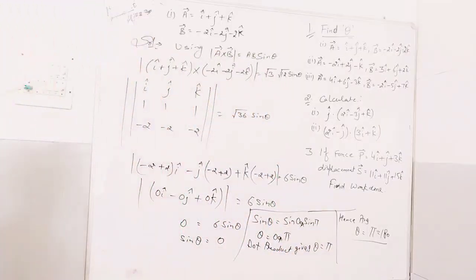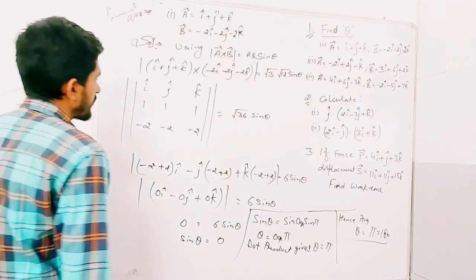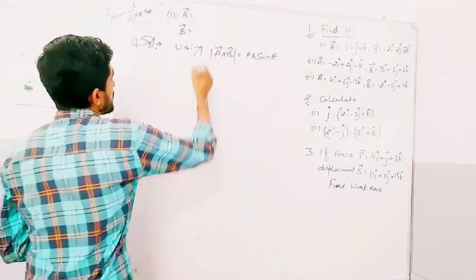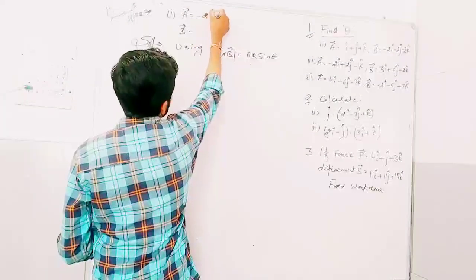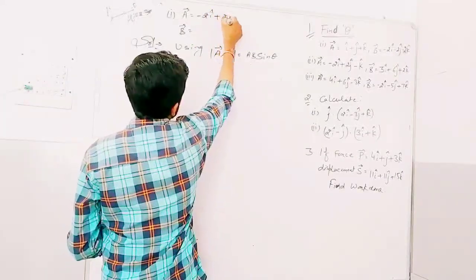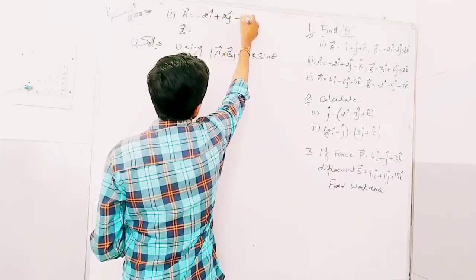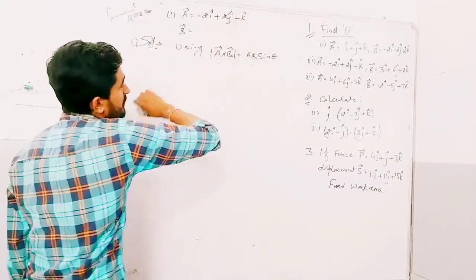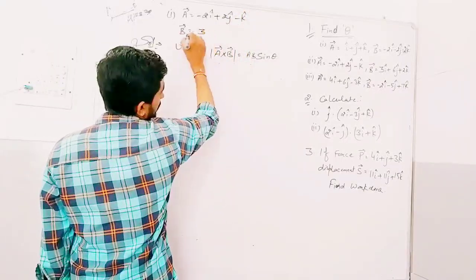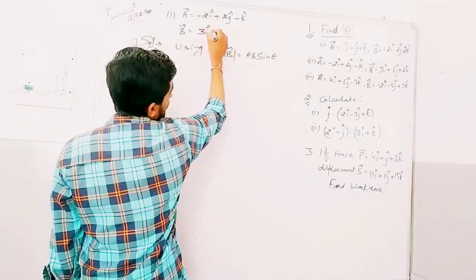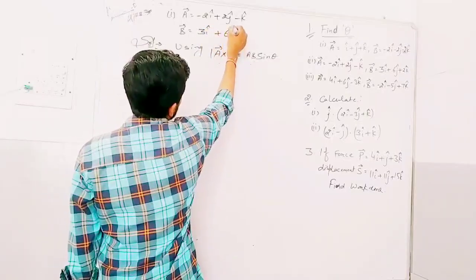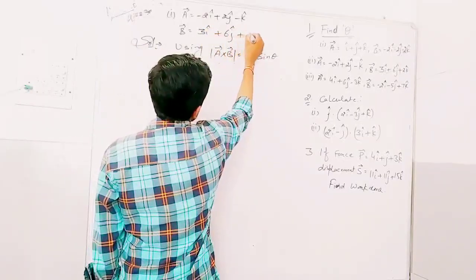If you want to note it down, note it faster. We have to move to the second part. I am erasing it. A vector is -2 i cap plus 2 j cap minus k cap, and B vector is 3 i cap plus 6 j cap plus 2 k cap.